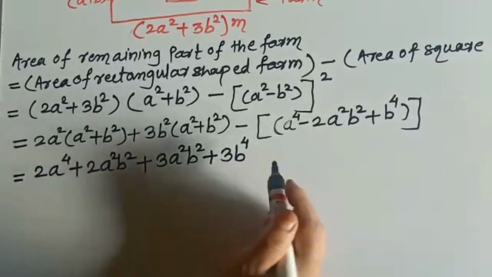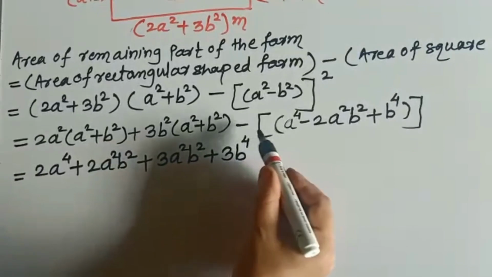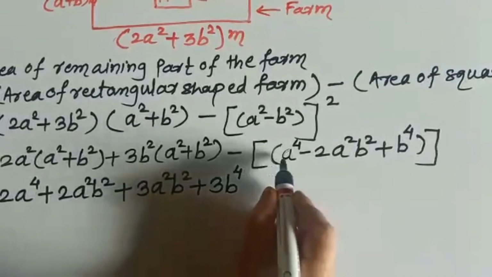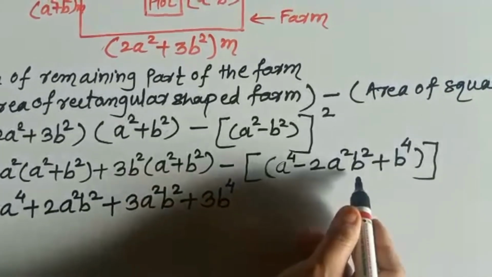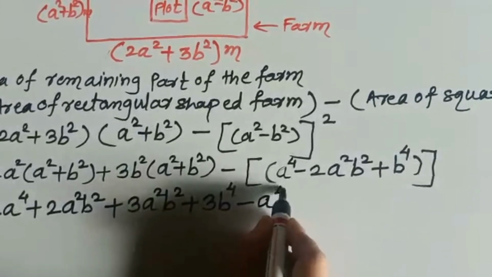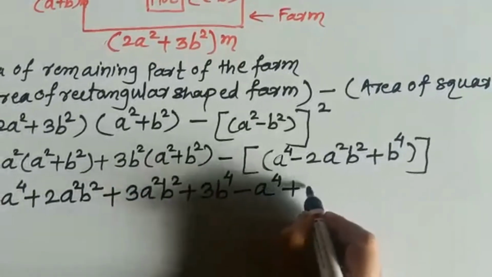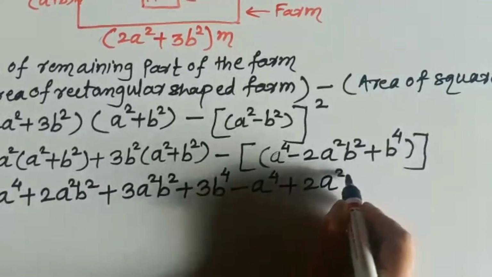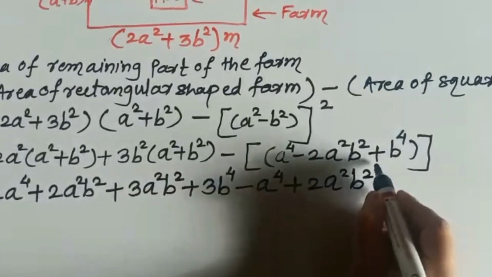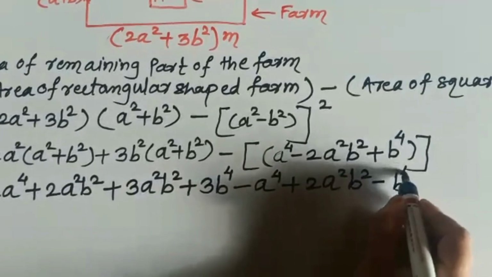Got it? Now because of this minus sign, the sign inside the bracket will change. So we will multiply every term of the polynomial by the minus sign. So it is minus a raised to 4, then minus became plus 2a square b square, and here again minus became plus, became minus b raised to 4.